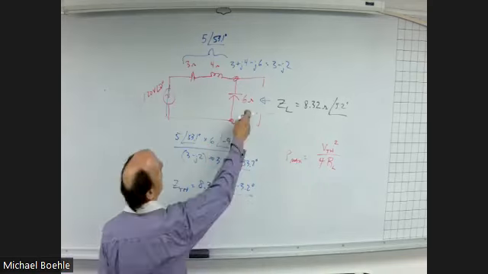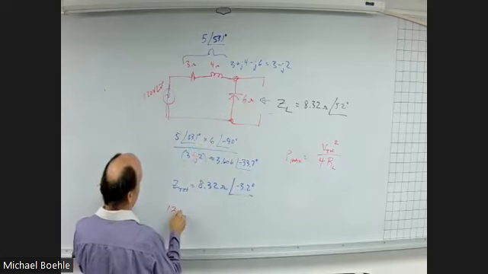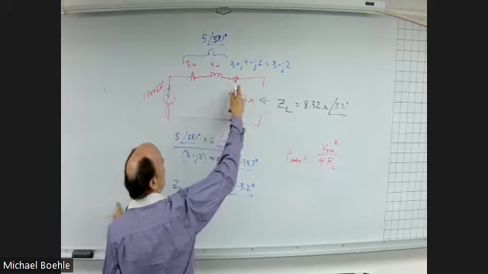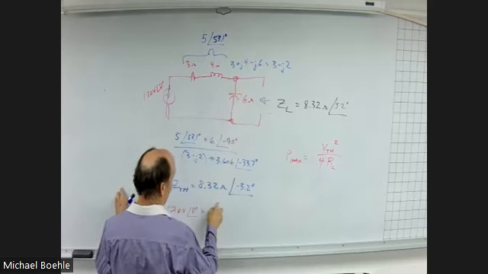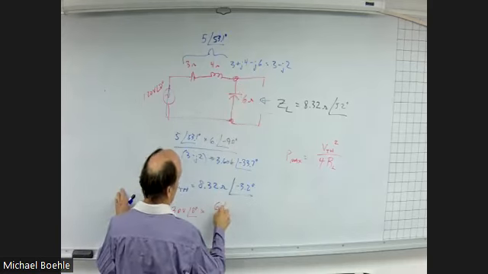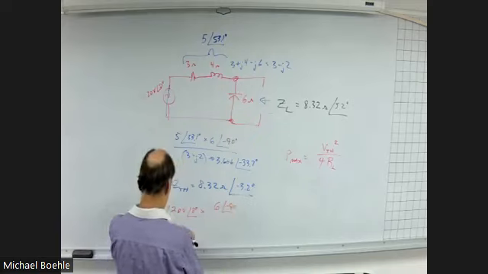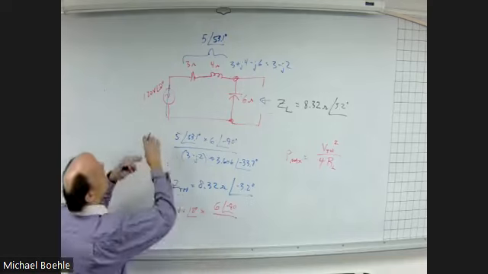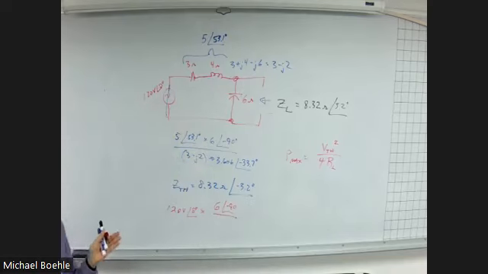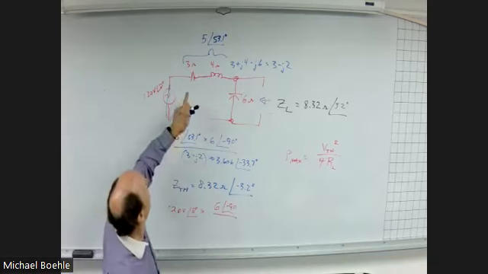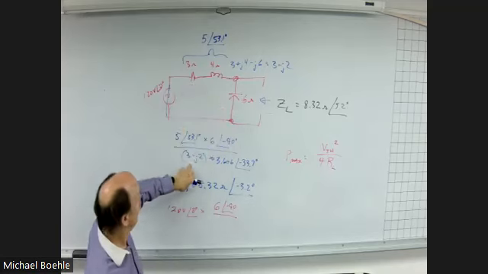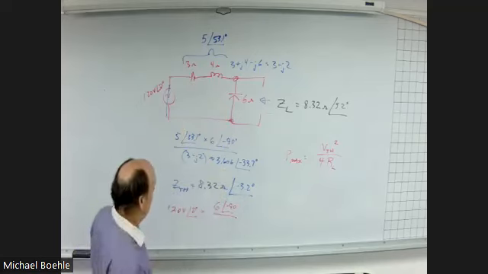So again, we can use our voltage divider, 120 volts at 0 degrees, times the voltage across this device, which is 6 at minus 90, divided by the total impedance. Well, what is the total impedance? The total impedance is all these things added up, which we did there and there.